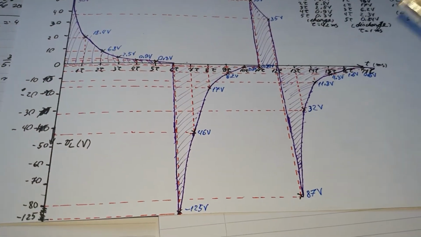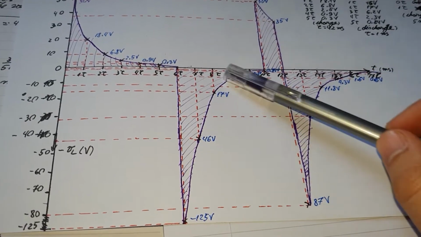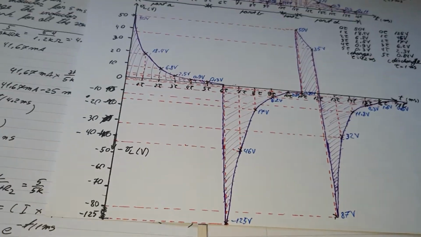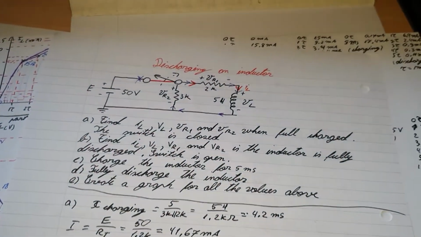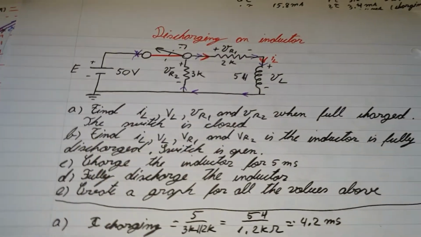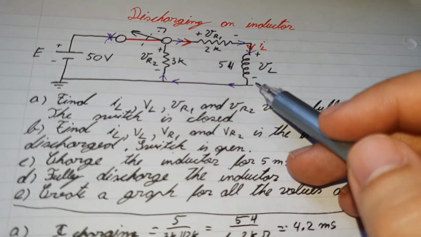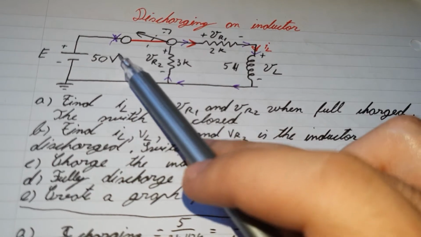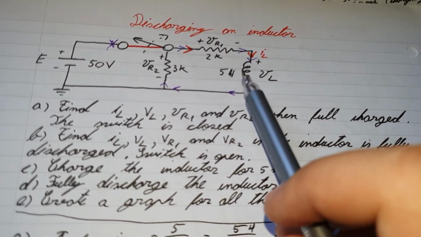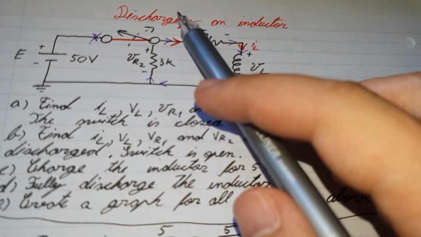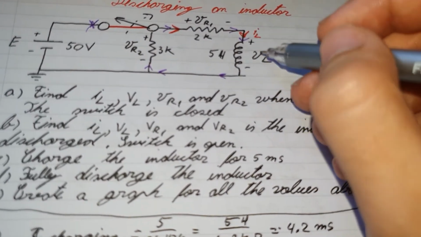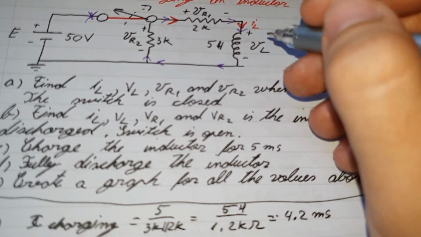And you may wonder, what does it mean if the voltage is negative? That means the polarity is the opposite. As you can see here, I'll use purple to represent this. This is the positive and this is the negative before, when the switch was closed. However, when the switch is opened, these are not the positive and negative values anymore.